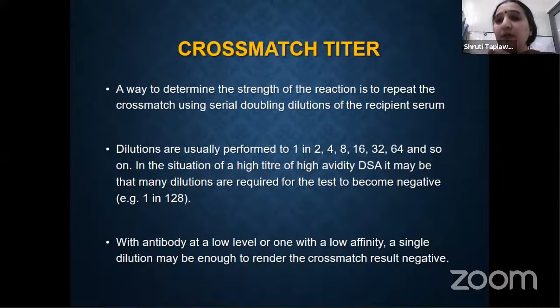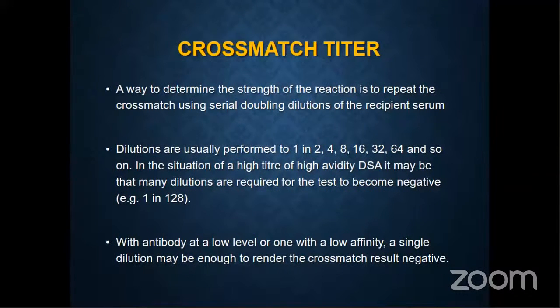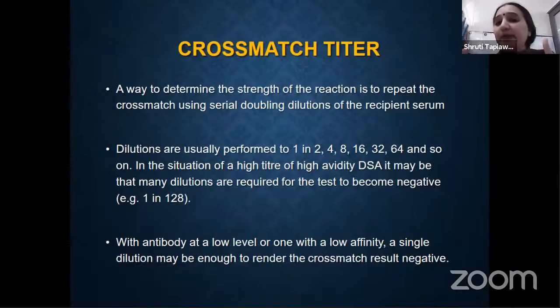When you dilute, the antibody FC receptors open up and the binding happens and the cross match turns positive. Sometimes diluting tells us at what strength the cross match turns negative. This is also important, because then as clinicians we can understand that this is an extremely strong CDC positive and this will lead to a bad rejection.